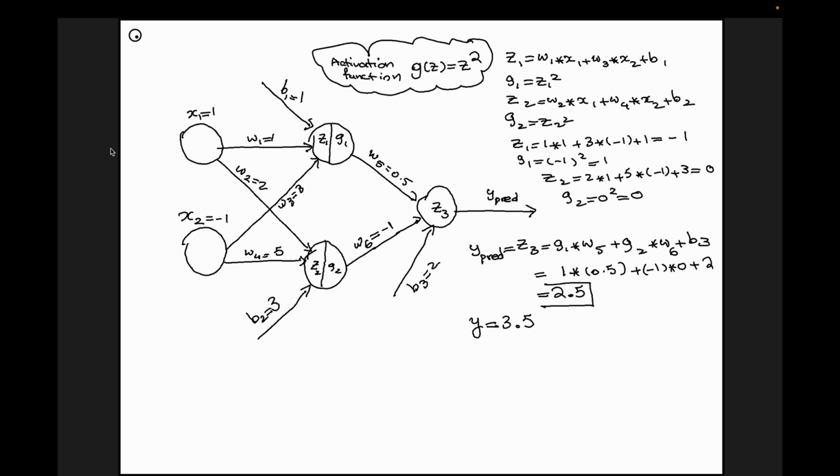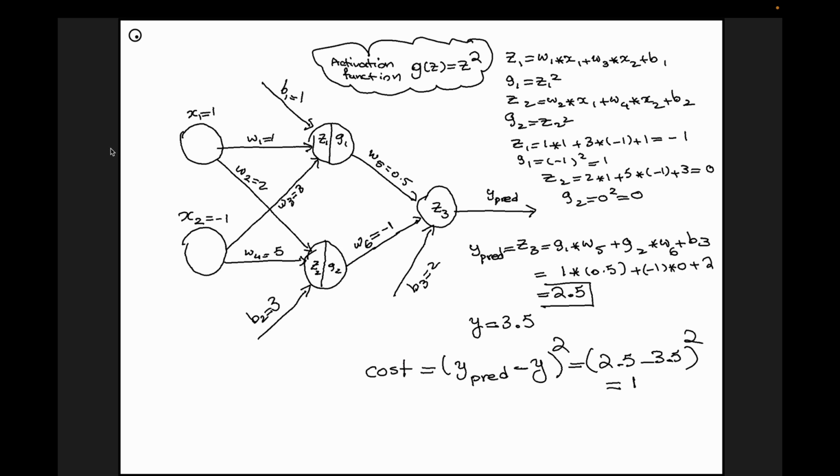And let's say we are using a squared-error cost function. So we define our cost function to simply be our prediction minus our observation, squared. In this case, that would be 2.5 minus 3.5. So we predicted 2.5, reality was 3.5. So that squared would be 1.